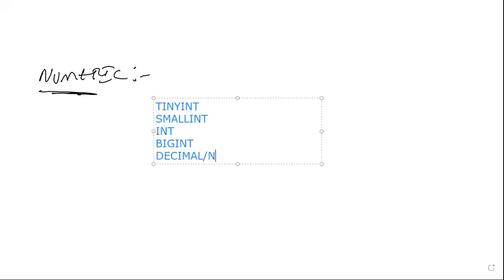Whatever the data types we have written, write down everything. See, we can consider decimal and numeric as the same, both are same.